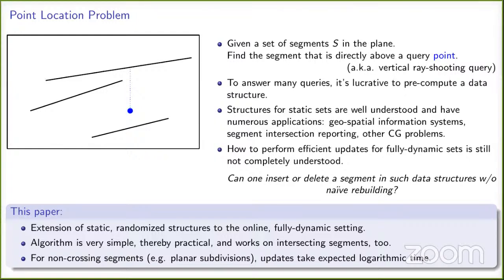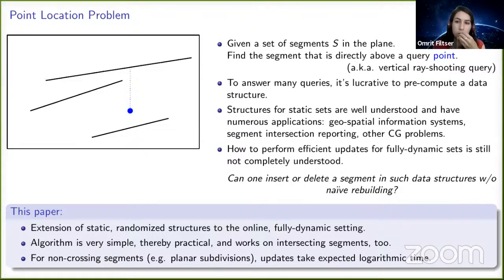The algorithms are very simple, thereby practical, and also work for intersecting segments. Our proofs currently assume non-crossing segments, for instance, edges from planar subdivisions. And the paper shows that updates take expected logarithmic time for the trapezoidal search DAG structure and expected log square for the trapezoidal search tree structure. So that's the overview of the paper.